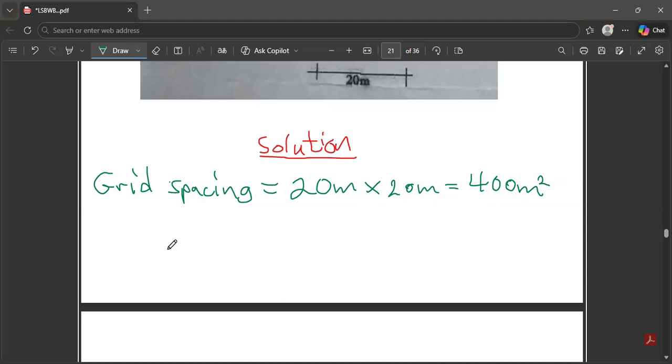And the excavation depth: the site must be cut down to 47 meters.